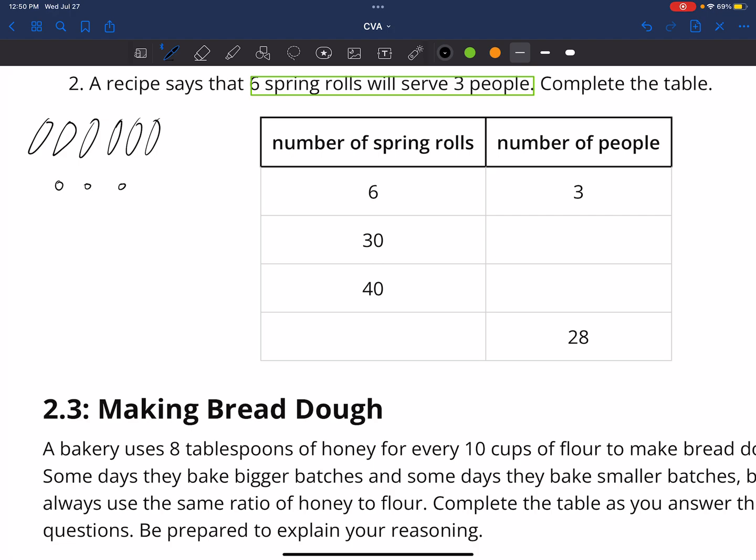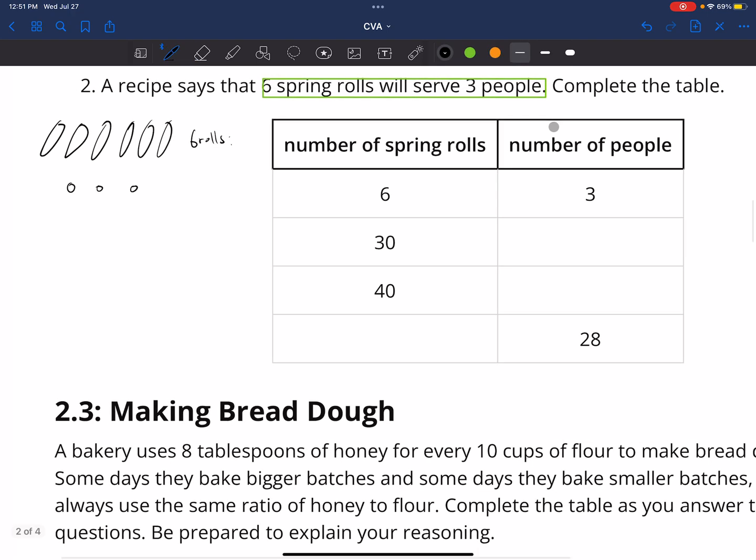And so this is what we learned. So 6 rolls is proportional to, or has the ratio of, 3 people. But we can actually group them. If you can see, I got 1 person and 2 spring rolls, another person, 2 spring rolls, and another person, 2 spring rolls.